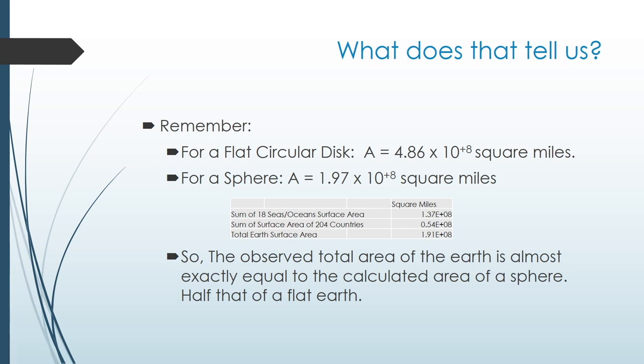So if I compare the total surface area to the two numbers above, 4.86 and 1.97, you can see clearly that the total surface area of the Earth is 1.91, clearly closer to that of a sphere and not to the flat Earth.